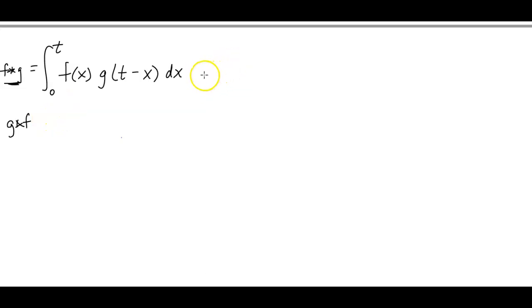Now to do that, one of the things I can do here is substitution. Okay. So let's say u equals t minus x. If I do that, then I could rewrite this so that I could solve for x: x plus u is equal to t.